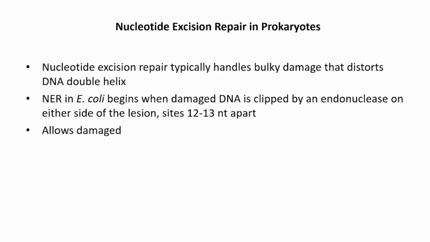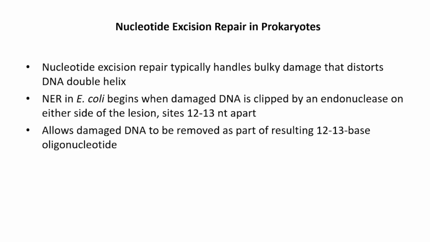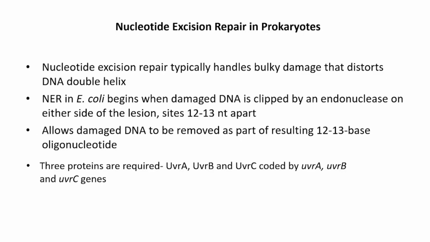The pathway allows damaged DNA to be removed as part of a resulting 12 to 13 base oligonucleotide. The excision is achieved by action of 3 proteins UvrA, UvrB and UvrC coded by the genes uvrA, uvrB and uvrC respectively. UvrB cannot bind to DNA all by itself. It is helped by UvrA.